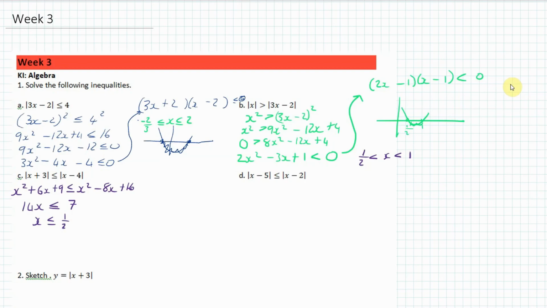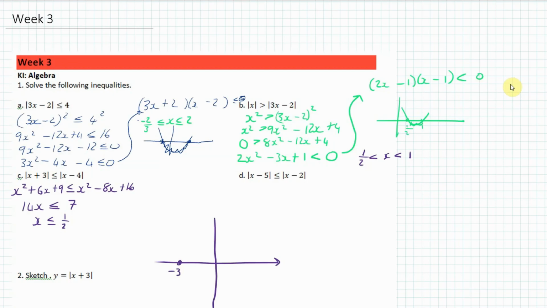Okay, the next one is sketch y is equal to the modulus of x plus 3. Okay. So we know that it crosses the x-axis at minus 3, because minus 3 plus 3 is 0. That's the only place it can be 0.